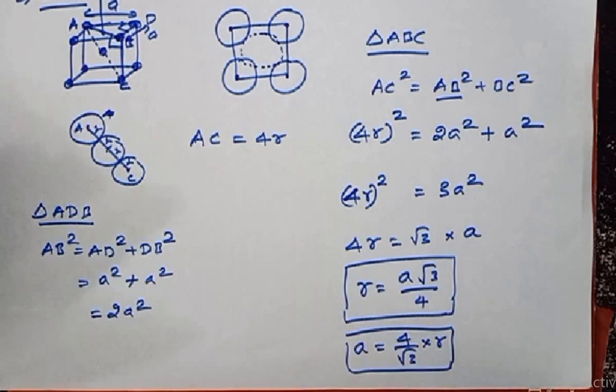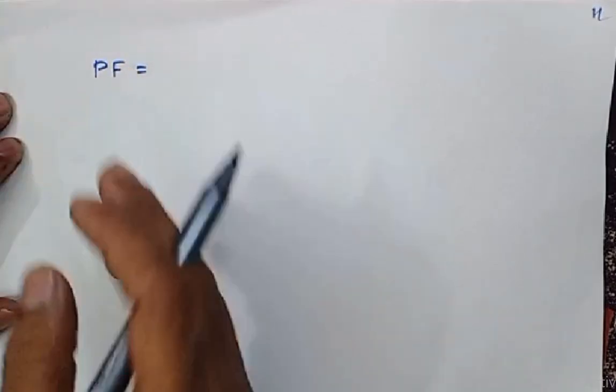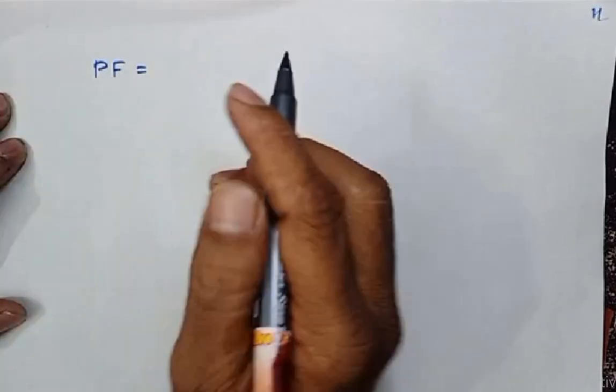Take down this. Now I'll show you how to calculate packing fraction. This is packing fraction for BCC. Packing fraction can also be called packing efficiency. So what is packing fraction for BCC?